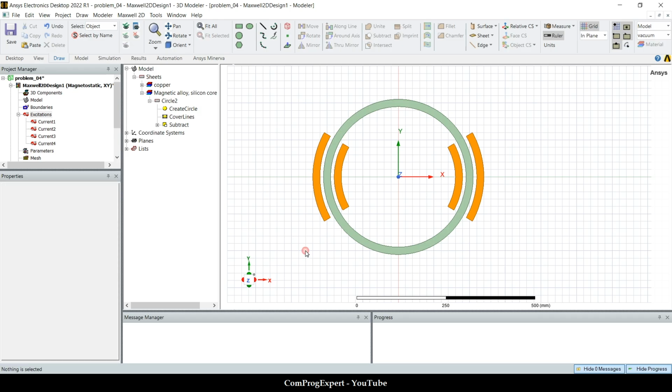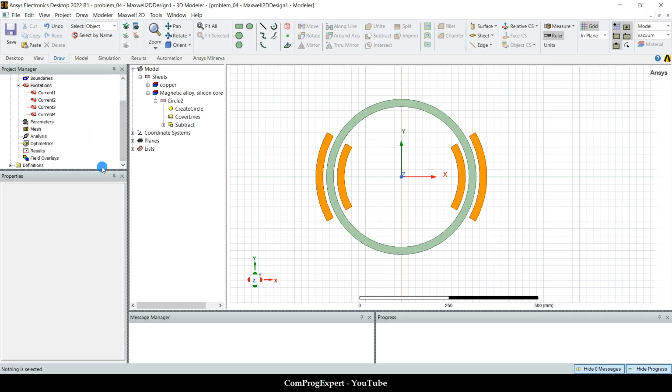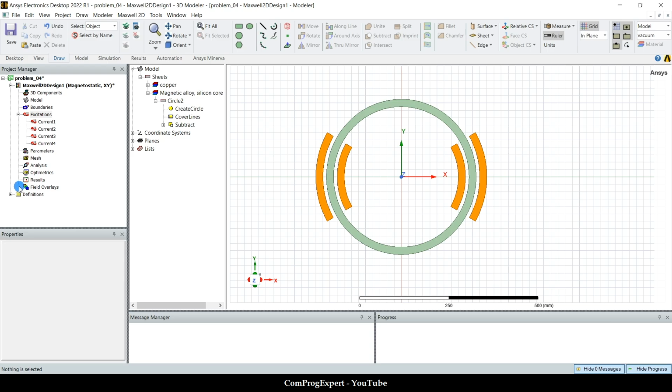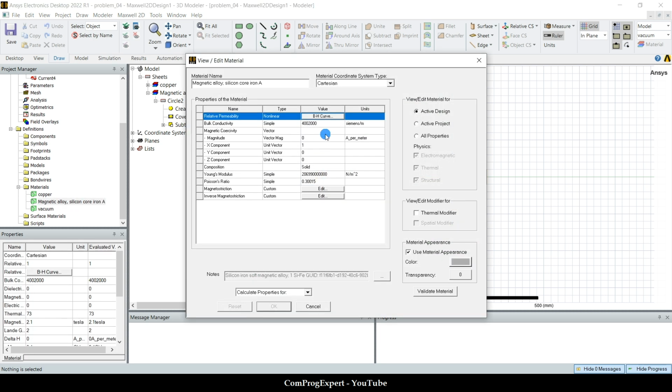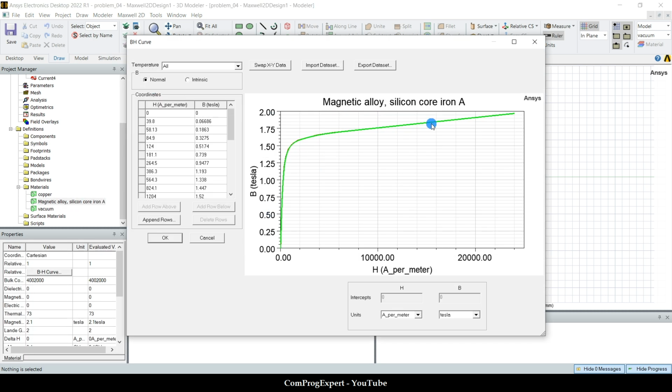Yes. So this is the core material that we selected, and we have a nonlinear HP curve for it. This is the silicon core iron, and this is the HP curve. We can even export the HP curve and read it in MATLAB and plot the graph.